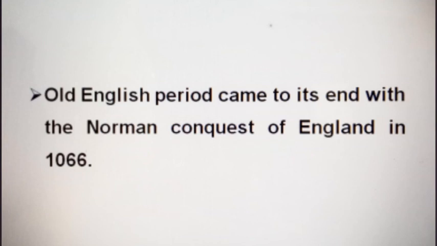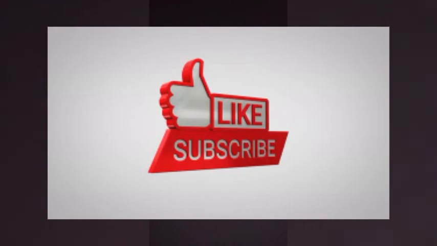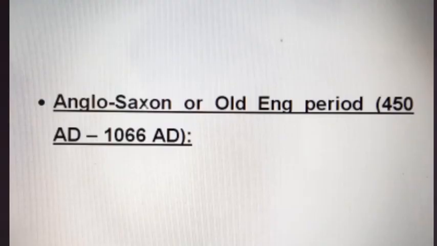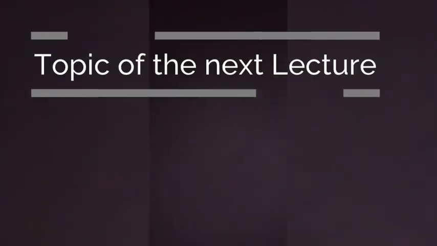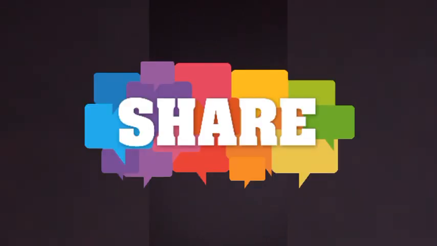Then the Middle English period began. That's all about the Old English or the Anglo-Saxon period. With this, we will end our lecture for today, and we will meet again in the next class with our topic, the Middle English period.